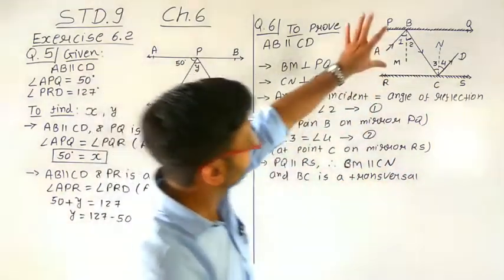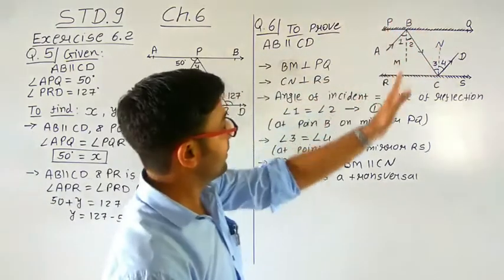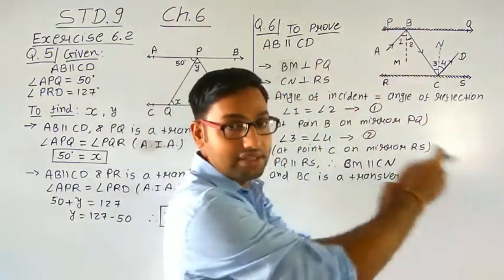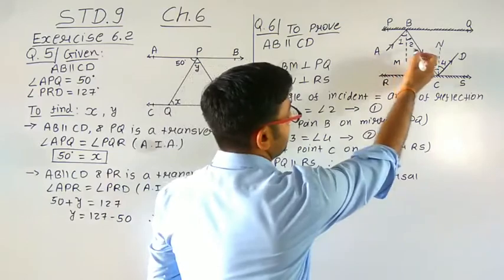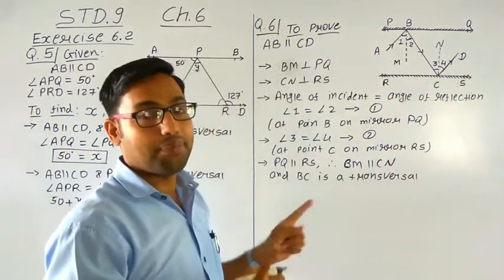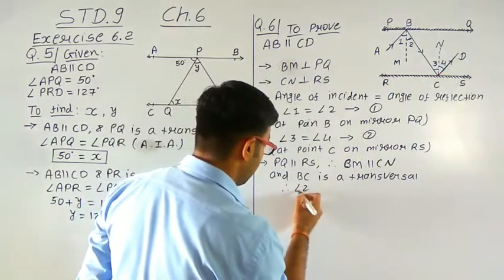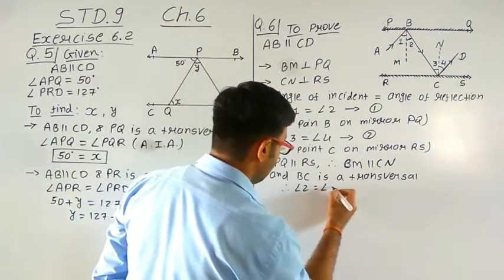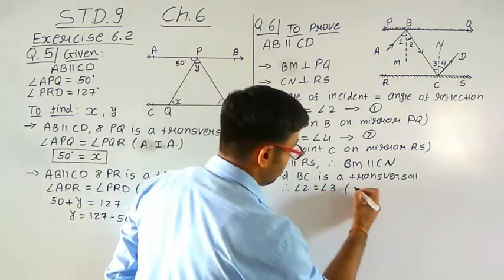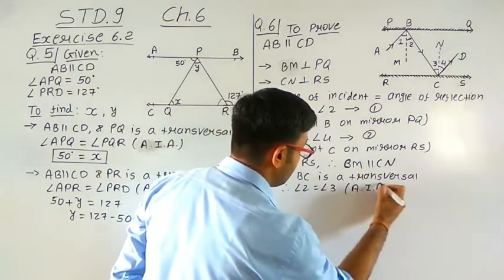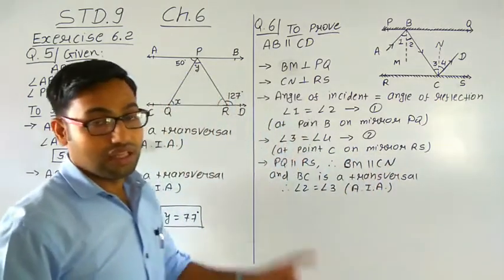These two, BM and CN, are parallel to each other, and BC is the transversal. So angle 2 and angle 3 make a pair of alternate interior angles, so we can write that angle 2 is equal to angle 3. Why? Because of alternate interior angles.